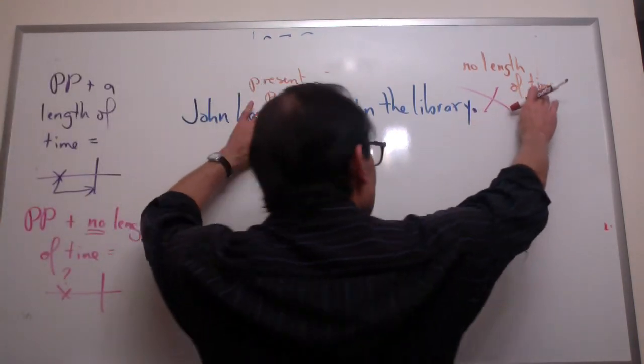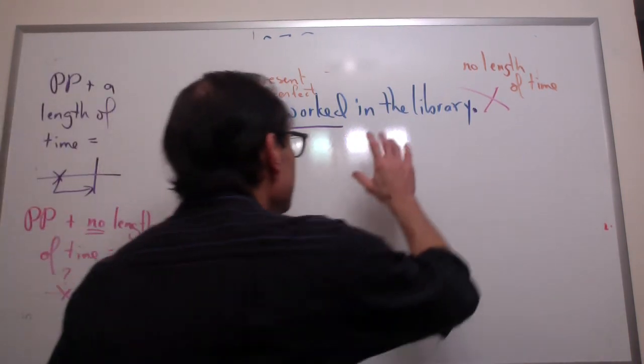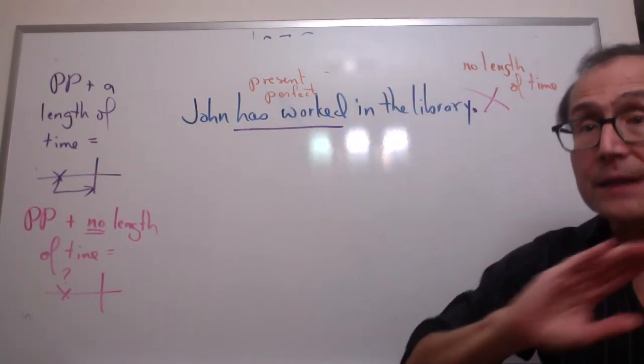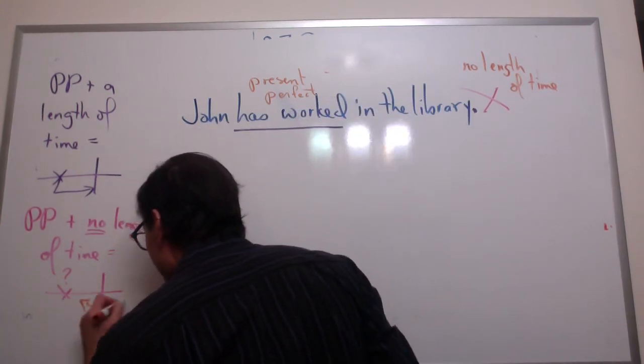Now, I remember, present perfect with no length of time means that it happened in the past and it doesn't continue until now. Notice there's no arrow here. So, this one, present perfect with no length of time, it doesn't continue until now. Let me write that here because that's important.